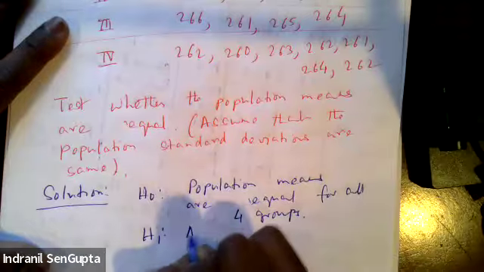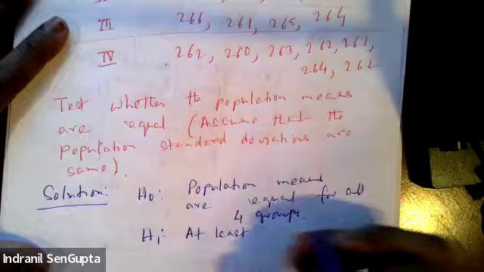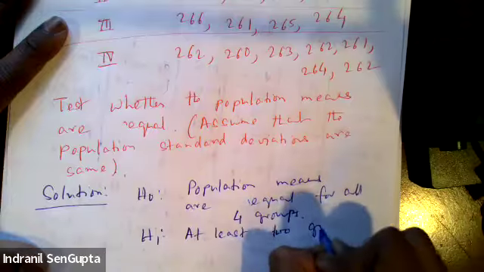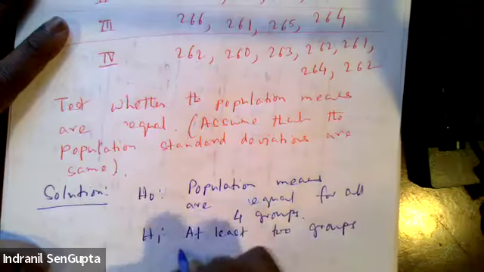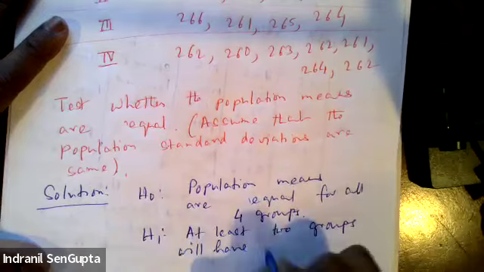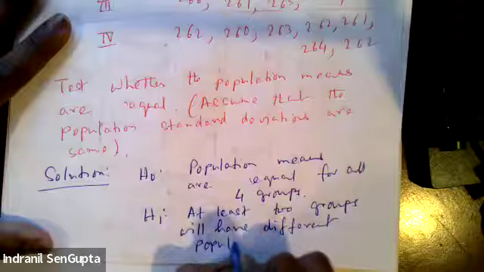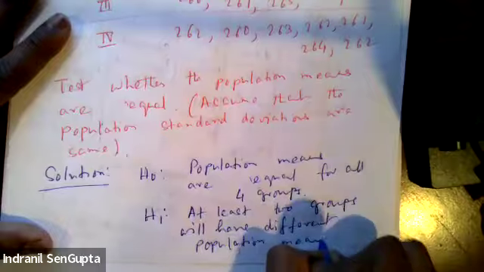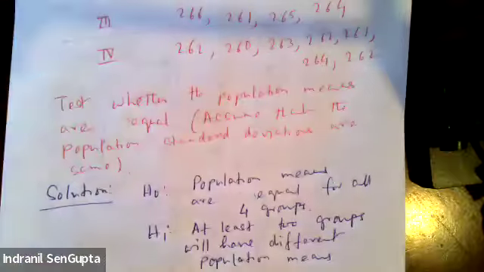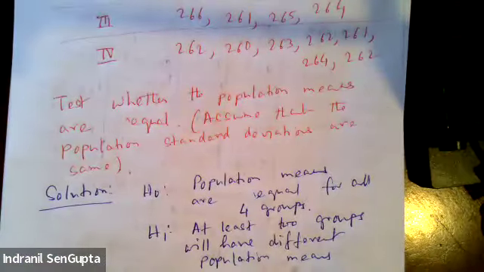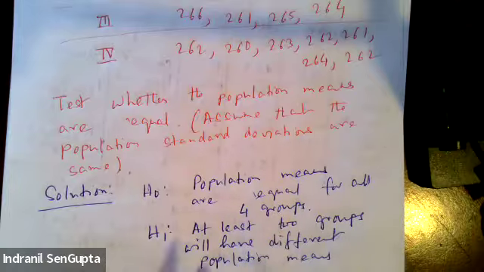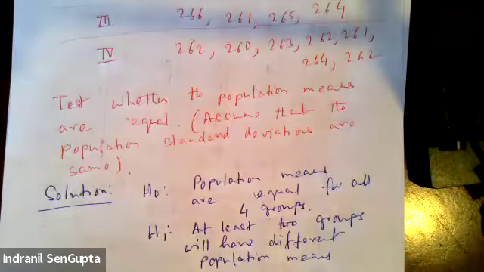And H1 is that at least two groups will have a different population mean. The first one is saying that all the four groups have the same average, the same mean. The second one is saying no, at least two will have a different mean. So that's the null hypothesis and alternative hypothesis.